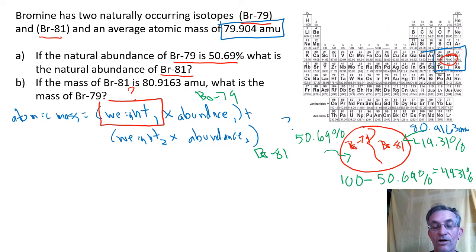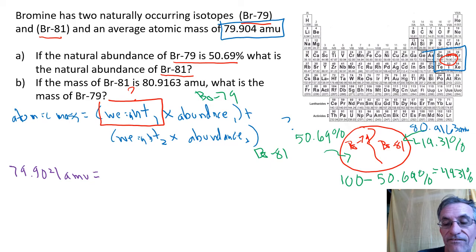All right. So let's see. I need all the other numbers in that equation, and then I'm going to solve for the weight of bromine 79. So atomic mass goes on the left-hand side. That is the average weight, in other words. For the average mass, we'll put in 79.904 AMU. The weight of this first isotope, bromine 79, I don't know.